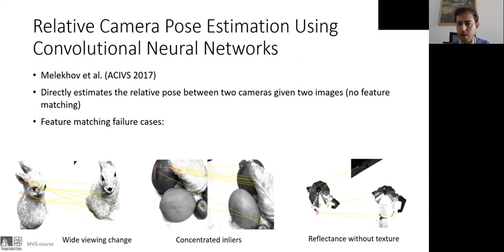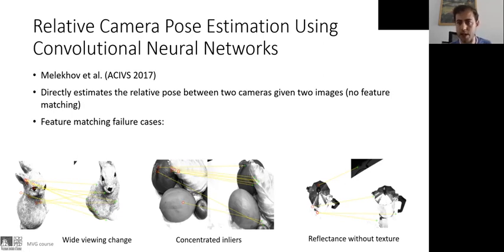And also, in order to have point correspondences, you need to have a constant color that is invariant to the viewing angle. But sometimes there are some reflectance properties in the scene, and you get very different images from the different views, so it's hard to find point correspondences.